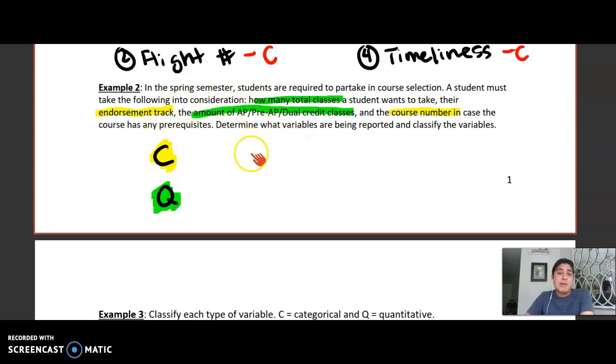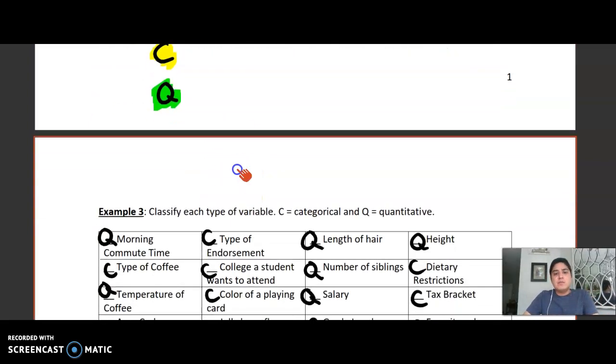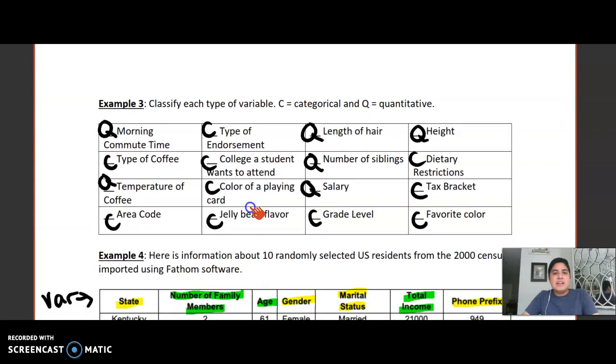Now, if I'm looking at how many total classes or the amount of specialized classes, I could take the average amount of classes that a student at our high school would take, or I can take the average amount of AP classes that a student would take. So again, I'm asking myself, can I take the average, or am I organizing the data into different categories? Same thing here.